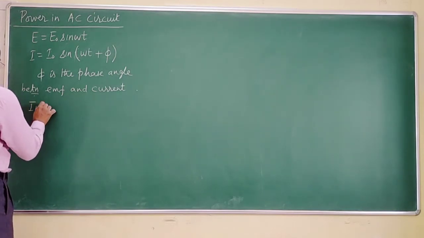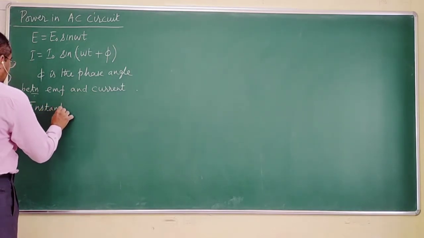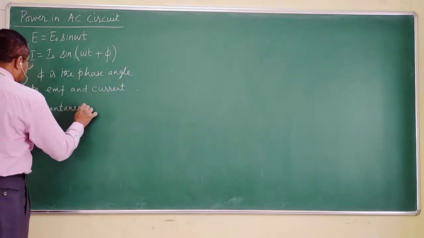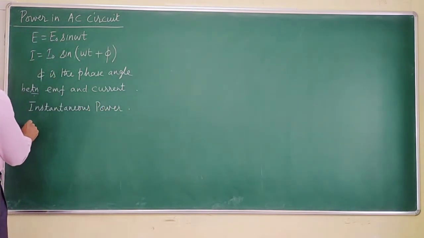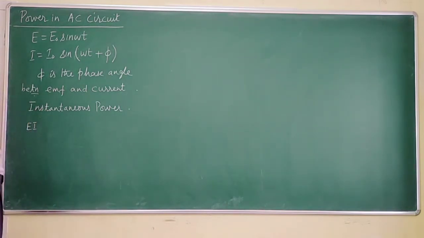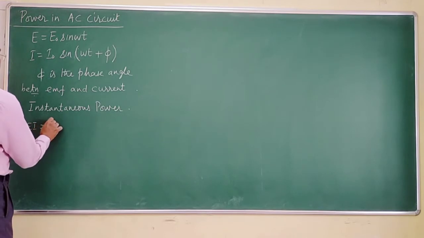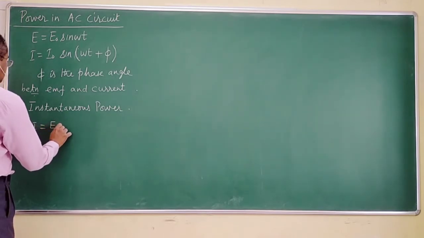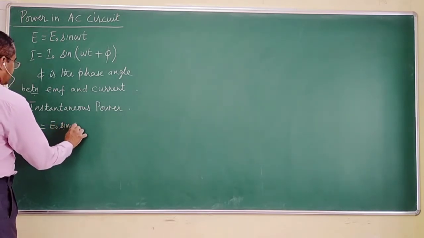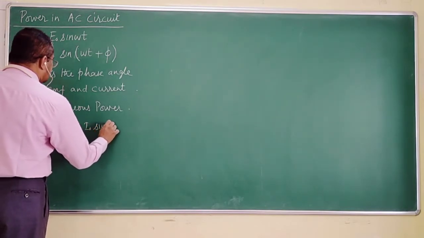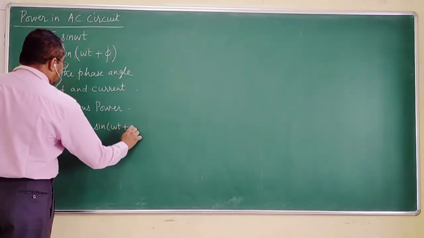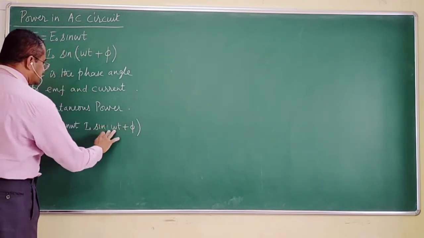Therefore, instantaneous power. To calculate instantaneous power, I need to multiply E and I. Therefore, I write E naught sine omega t, I naught sine omega t plus phi.